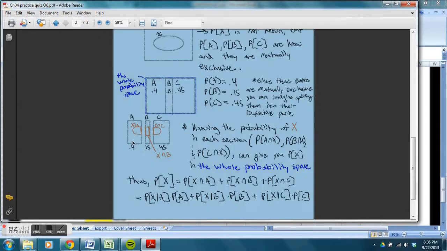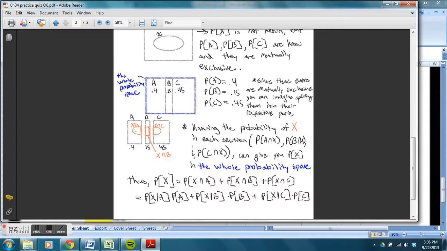That's what I kind of did down here. If we knew what X and A was, which is this guy right here, and if we knew what X and B was, and what X and C was, if we then added all that together and put it back together, then we'd have X. So that's the idea of Bayes' theorem.